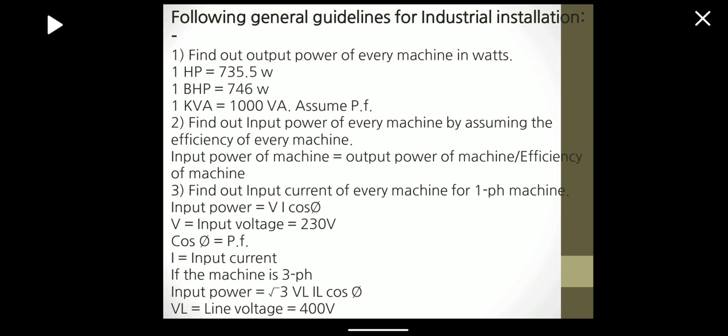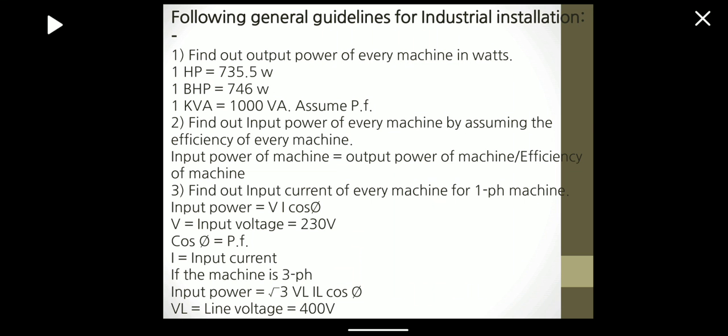Then next is to find out the input current of every machine. For a one phase machine, input power is equal to V I cos phi, where V is the input voltage, which is 230 volt, cos phi is the power factor, and I is the input current.